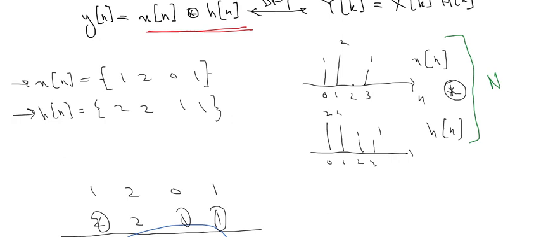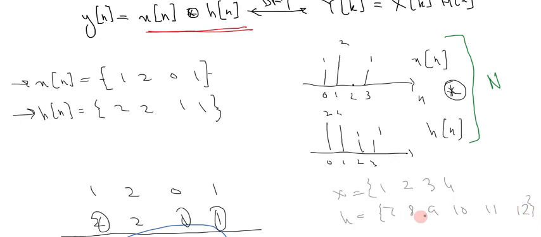Let's suppose you have a signal 1 2 3 4, and another signal 7 8 9 10 11 12. This is X, this is H.